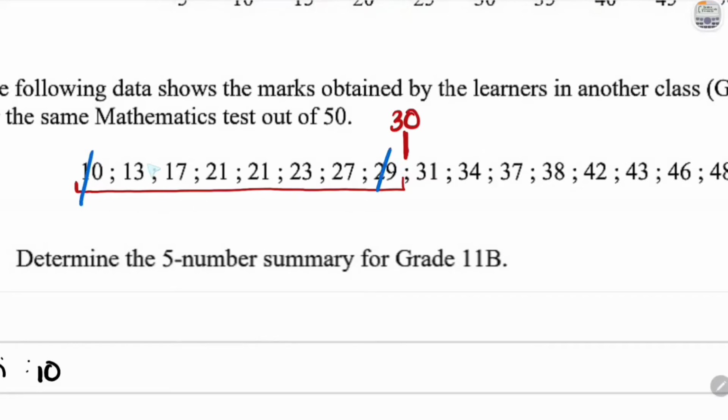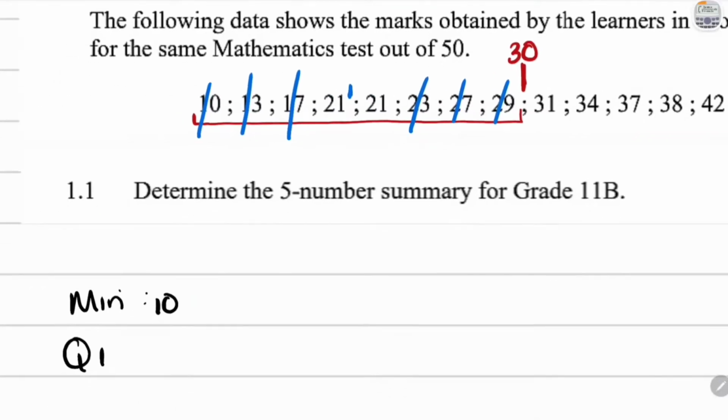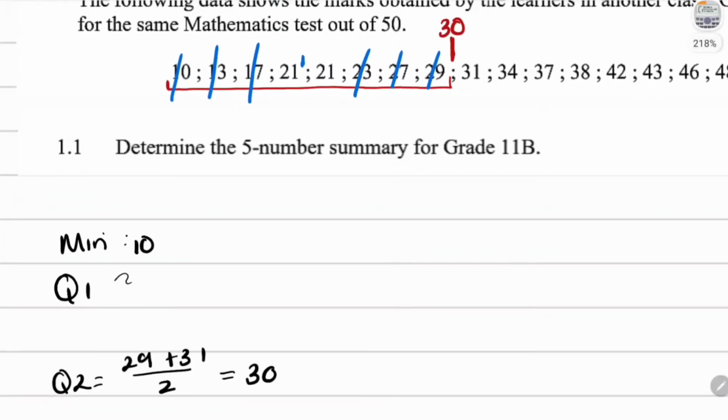Again, you can cancel until you get to the middle. These two numbers are right in the middle, so you're going to add them and divide by 2. Q1 is equal to 21 plus 21 divided by 2, which is just going to give you 21. So there, our Q1 is 21.